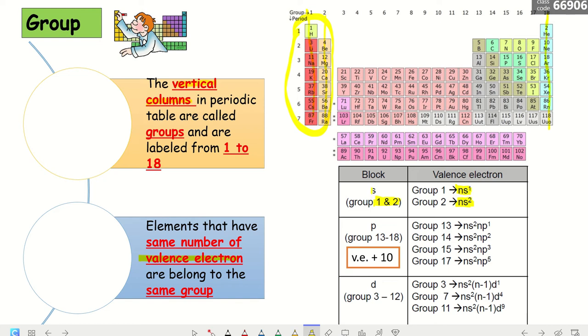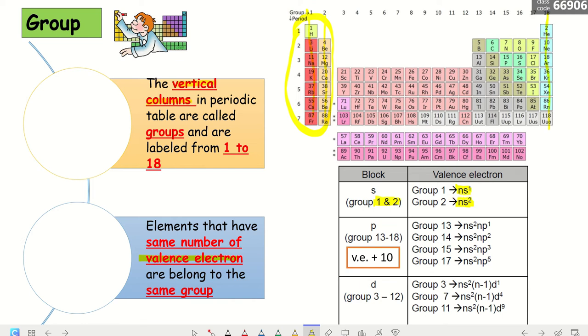The s block contains group 1 and group 2 only, because we learned earlier that the s orbital can only fit up to 2 electrons. So the valence electronic configuration can be ns1 and ns2, where n is the principal quantum number. It could be 1s1, 2s1, 3s1. So, based on the valence electronic configuration we can determine the block, then the group and also the period.